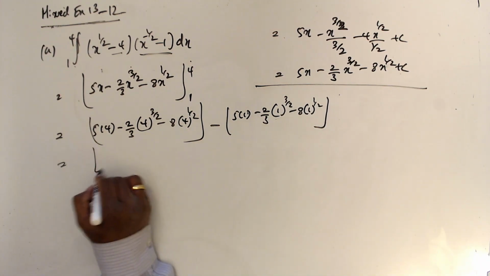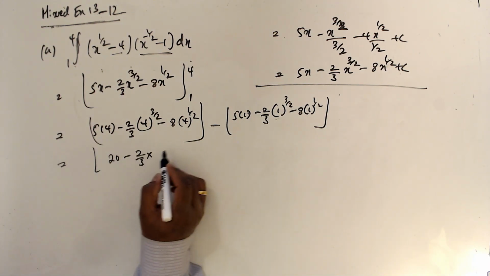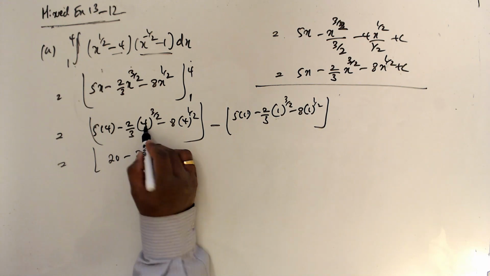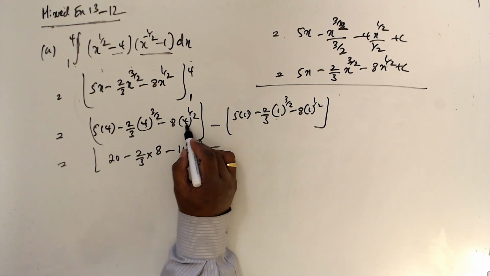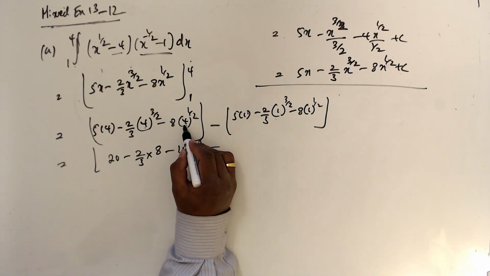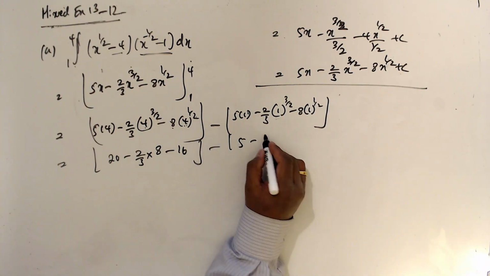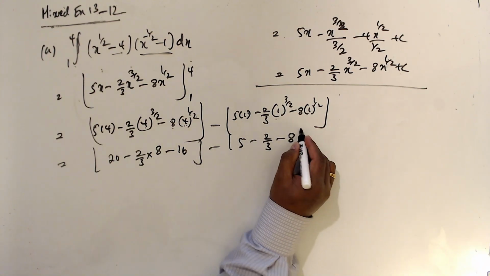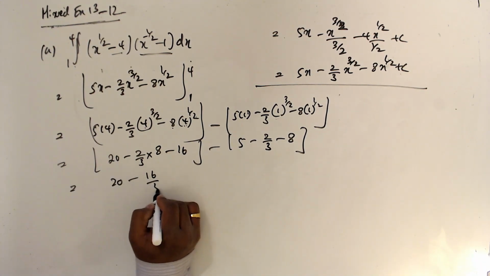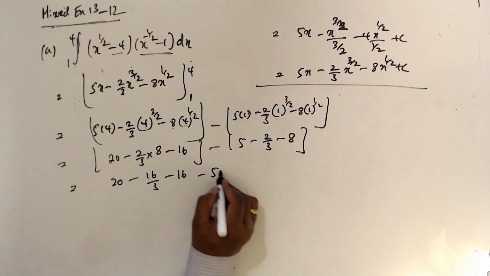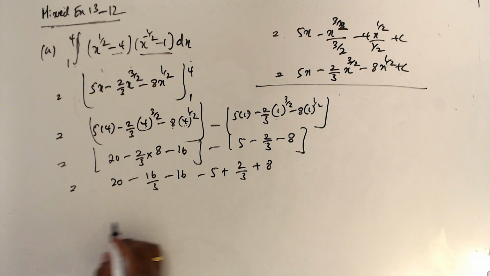So this is going to be 5 times 4, 20, minus 2 over 3 times the square root of 4 cubed, which is 8, minus 8 times the square root of 4, 2 times 8, 16. So 20, minus 16 over 3, minus 16, minus 5 plus 2 over 3 plus 8.